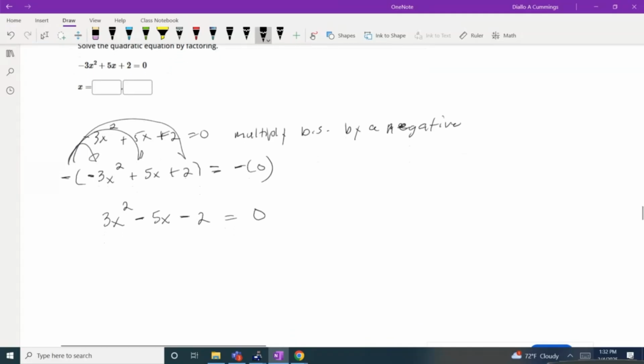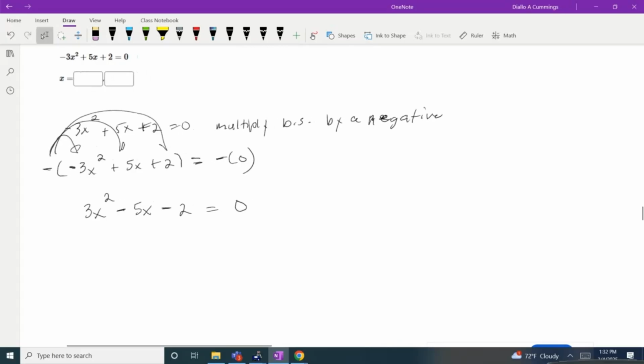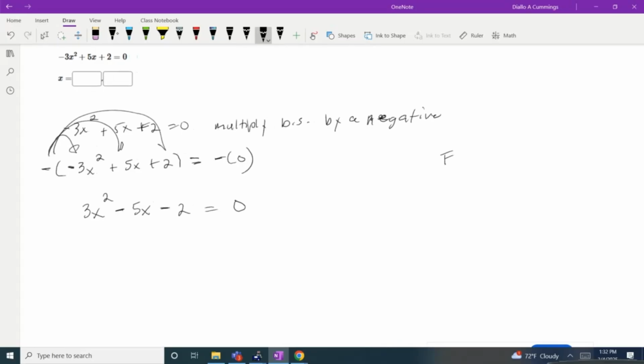All right, so now we have to factor. So factoring and the forward method are reverse processes. So if you remember back to the forward method, first, outer, inner, last. And it was just the way that you multiply.